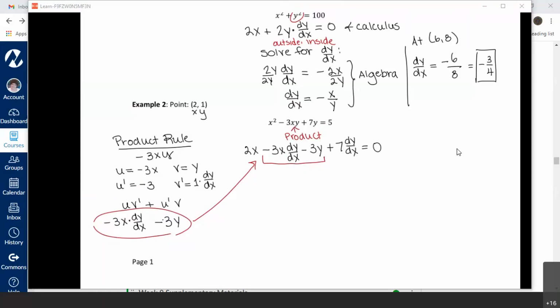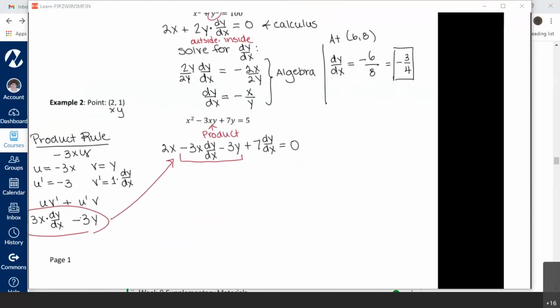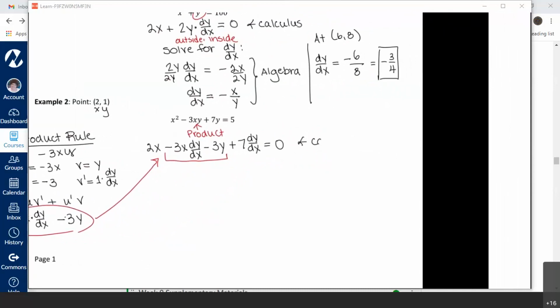So it's kind of a sanity check on whether you're doing it correctly. Okay, so that's the calculus step. The rest is algebra, to solve for dy/dx.